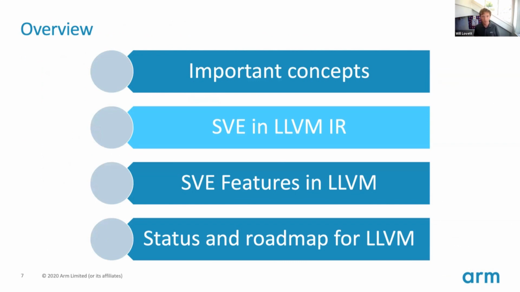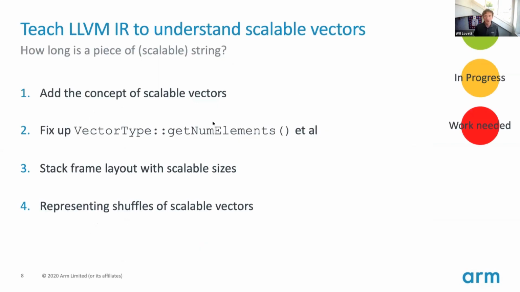Okay, so let's jump into the first of the two technical parts of the talk, which is about how to represent that scalable property in LLVM IR. And hopefully Zoom isn't getting in the way, and in the top right hand corner you can see three circles. These represent where we are and how well implemented this is in LLVM today.